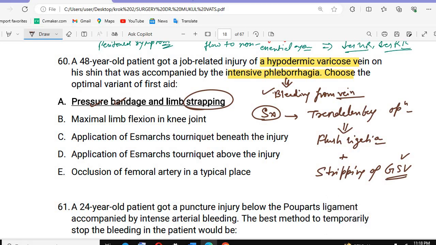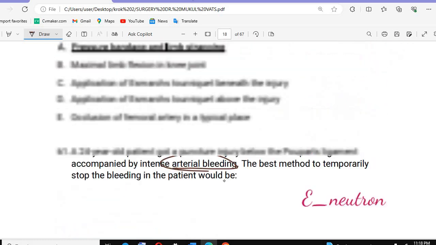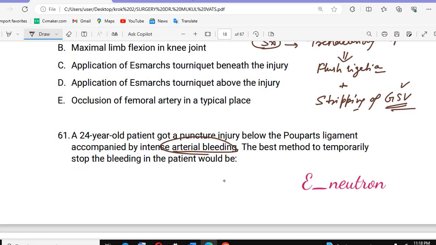Okay, so the pressure bandage and limb strapping we will do, and stripping of the great saphenous vein we will do. And if it is a case of arterial bleeding, I told you what is the best thing you will do.